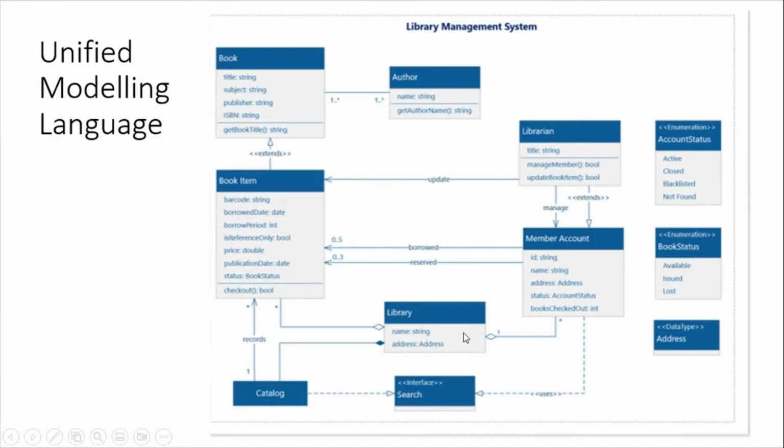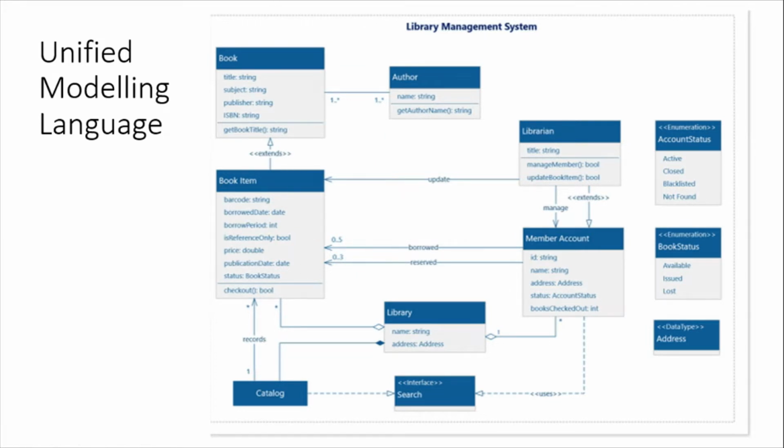Okay, so this is an example of unified modeling for a library management system. So the classes include the book, the author, book item, then we have library, member account, librarian, account status, book status. All right. So the classes have a connection between some other classes.